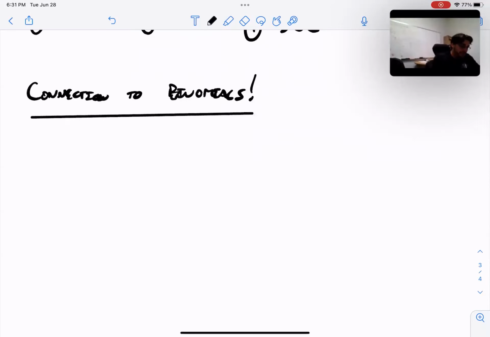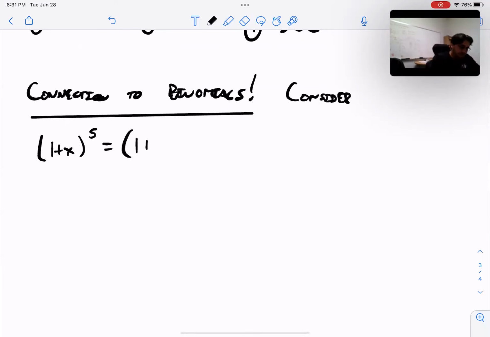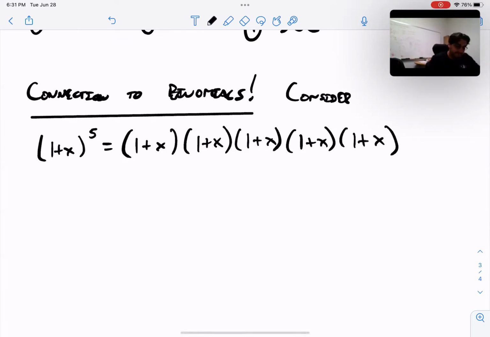Suppose you had 1 plus x to the 5th. So I'm still looking at exactly the same example. What do you do when you take 1 plus x to the 5th? Well, you take 5 copies of 1 plus x and you multiply them together, and you FOIL everything out and then combine like terms.